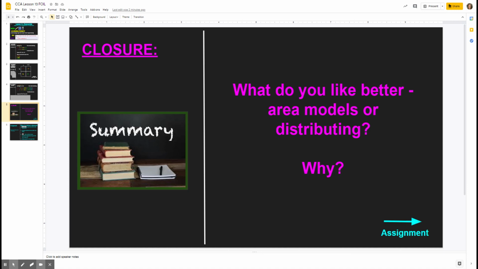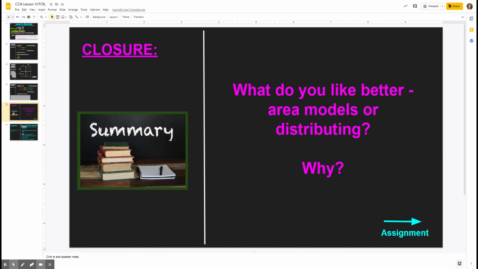So I'm going to open up a poll. The area model is the one with drawing the boxes like we did on Wednesday. Distributing is like what we did today with drawing the arrows.